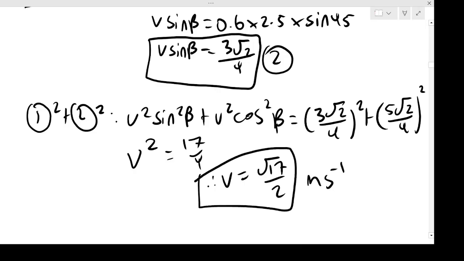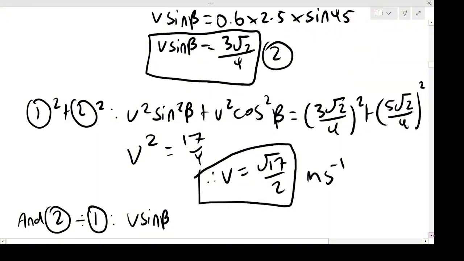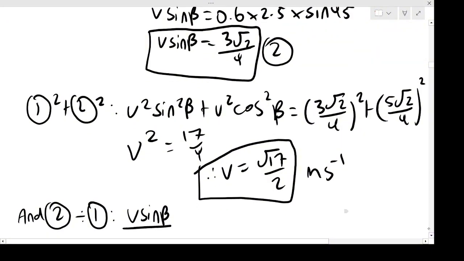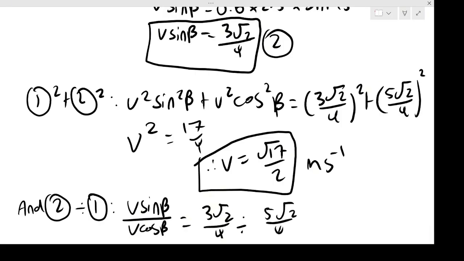Then I can find the angle by dividing them. So now if I do 2 divided by 1, that's going to be v sine beta over v cos beta. It's going to be 3 root 2 over 4 divided by 5 root 2 over 4.